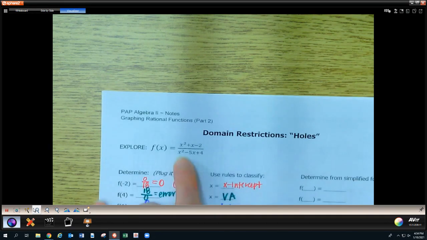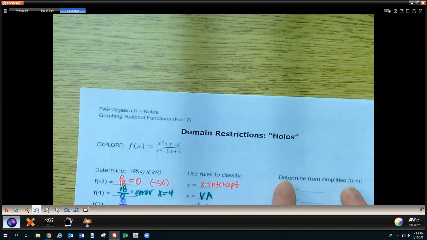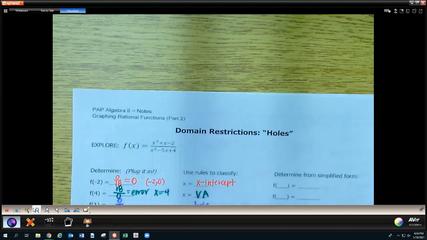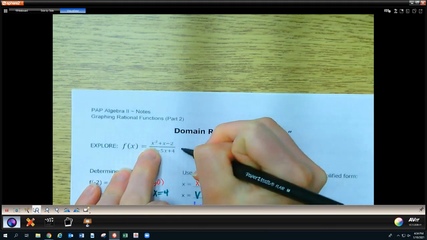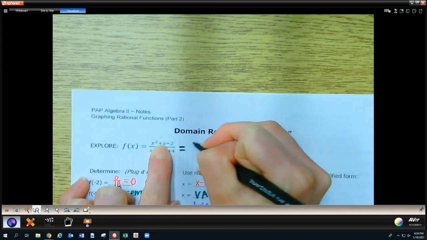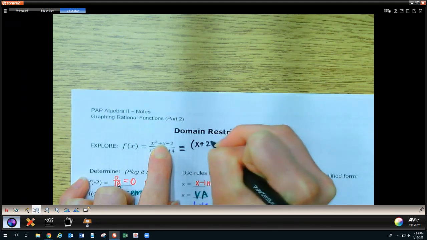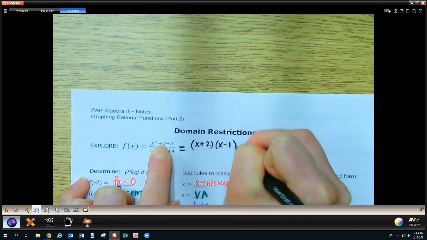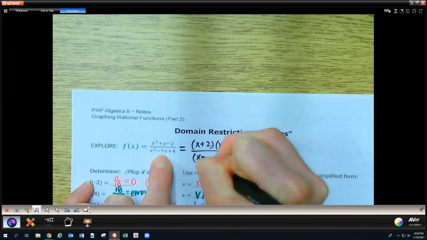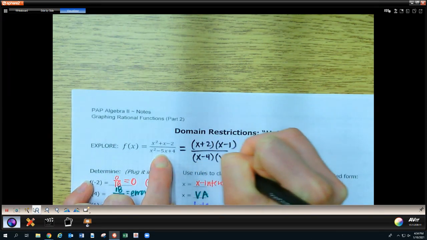Here it says determine the simplified form. That means we factor the top, factor the bottom, and cross off any factors they have in common. On top, I'm looking for two numbers that multiply to negative 2 but add to 1. That's x plus 2, x minus 1. On bottom, we're looking for two numbers that multiply to 4 but add to negative 5. That's negative 4 and negative 1.